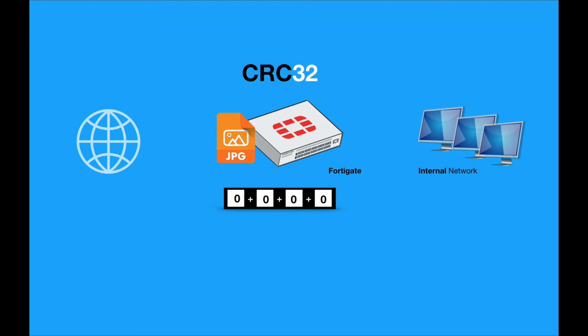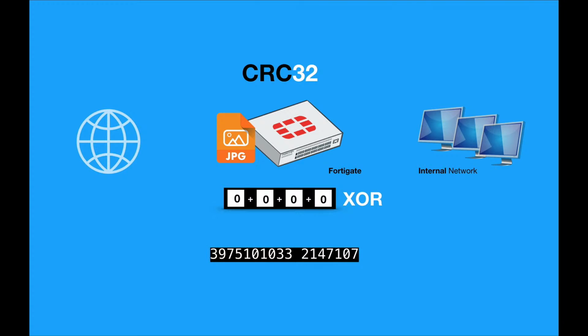Whenever you use a file-based signature that is based on cyclic redundancy check, your FortiGate actually uses a register with XOR mathematics to look at the file binary digits and produce a signature which includes its checksum and its file length.